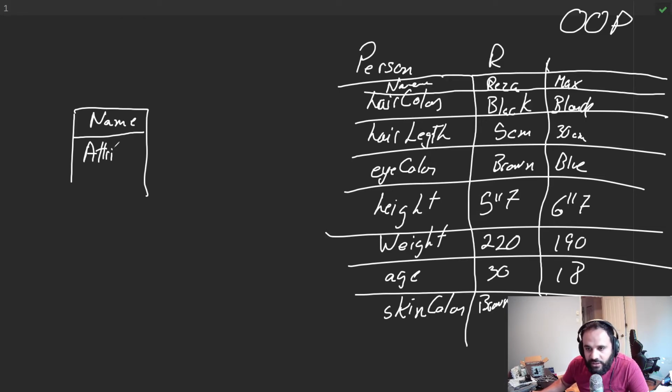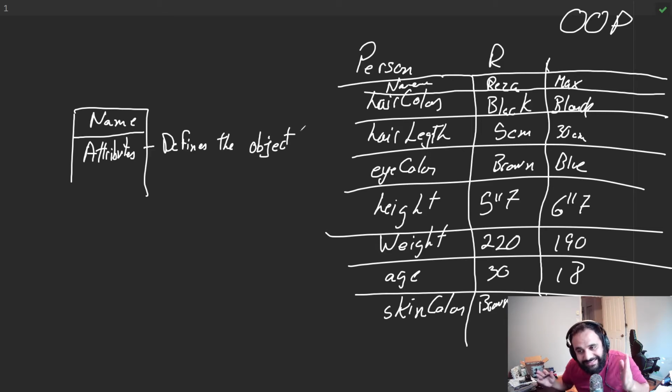So every object is composed of attributes, something that defines the object, right? So a good exercise at this moment is pause the video, look around you, and look at each object and see what defines that object.